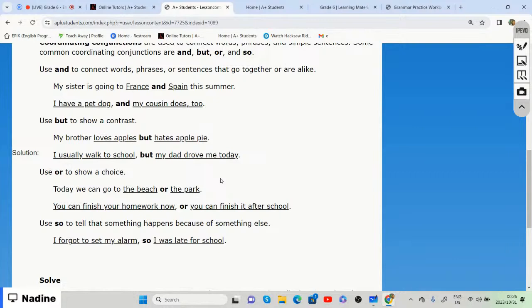So we can go to the beach or the park. Or is basically like a choice. You can finish your homework now or you can finish it after school.